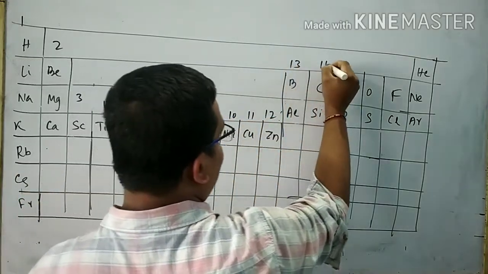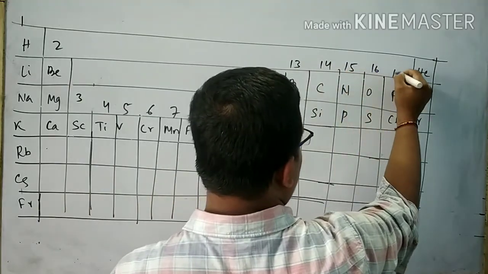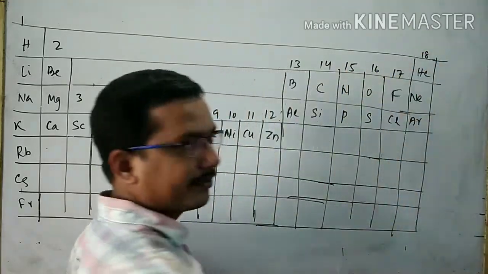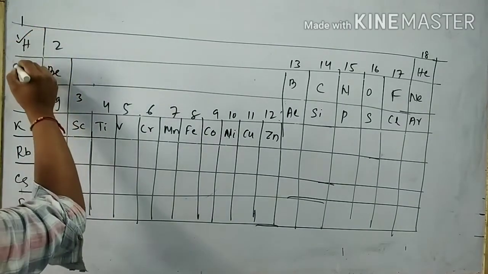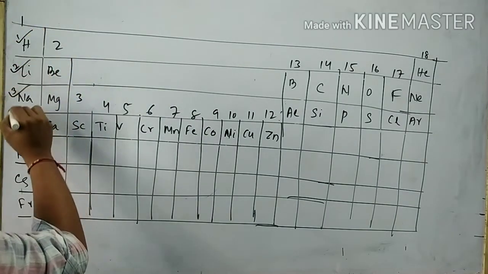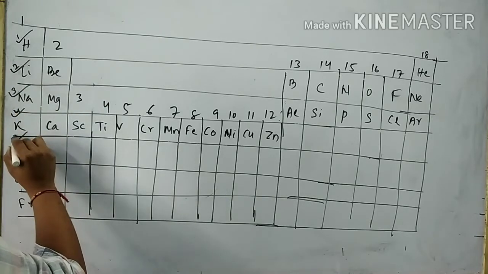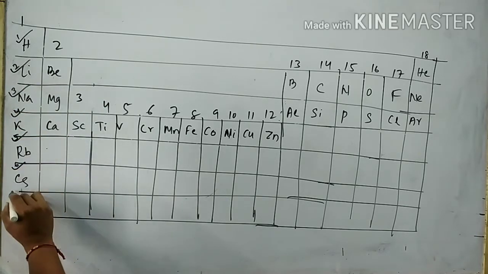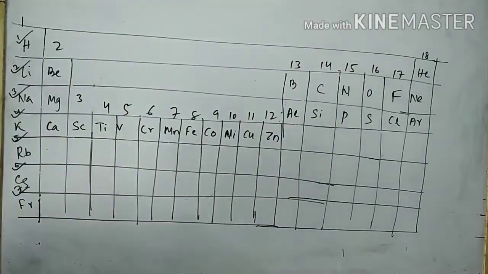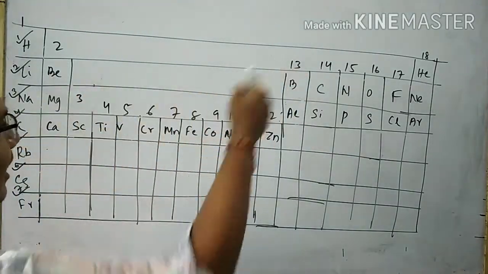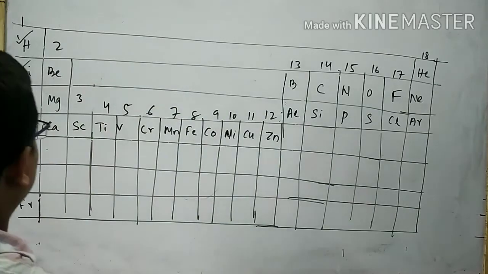That is 13, 14, 15, 16, 17. This is your 18. Seven periods are there, period number 1, 2, 3, 4, 5, 6, and this is period number 7. Suppose I want to compare the atomic radii of the elements along the periods.